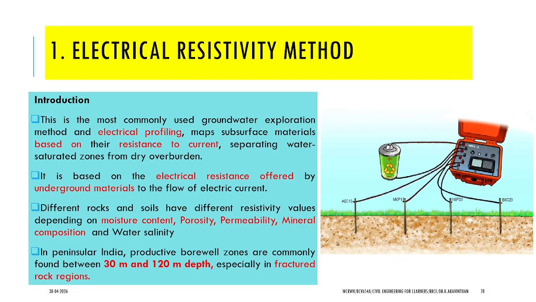It can also find moisture content, porosity, permeability and mineral composition. According to this you can understand the qualitative measure of water and how quality might affect groundwater parameters. By doing the electrical resistivity method you can understand what layers of soil are available.